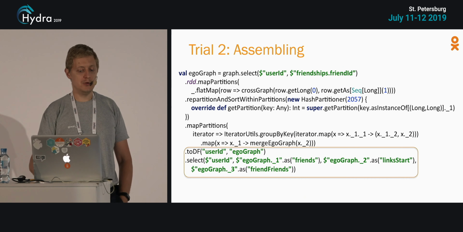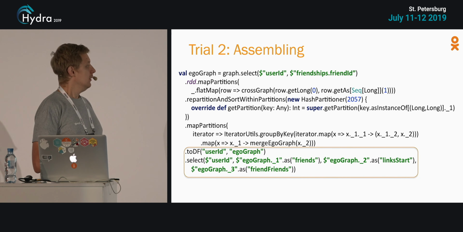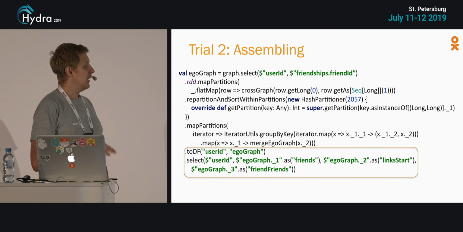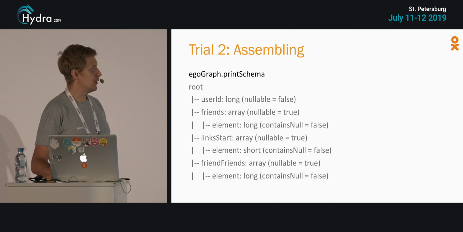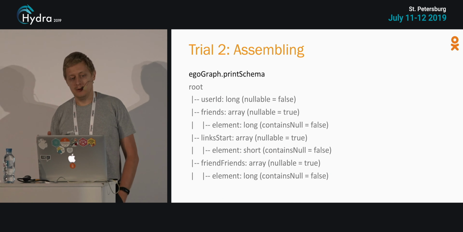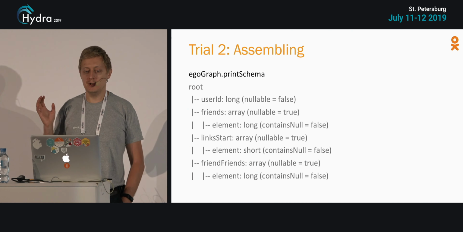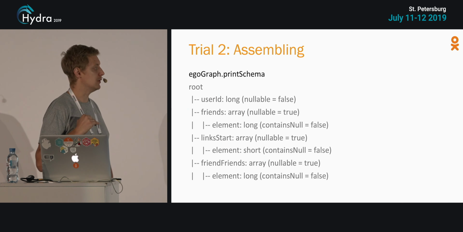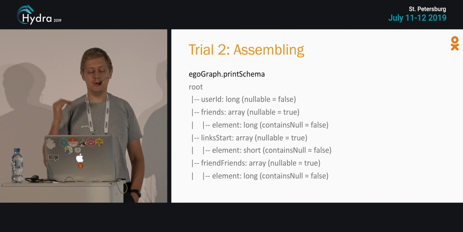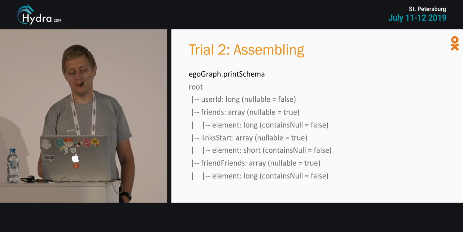And at the end, we just convert the low-level API back to the high-level data frame. And what we get is just a data frame with rows with a user ID as an ID, and 3 arrays, as we described: array of friends, of indices, and friends of the friends.